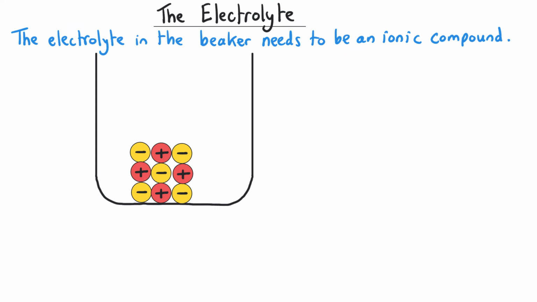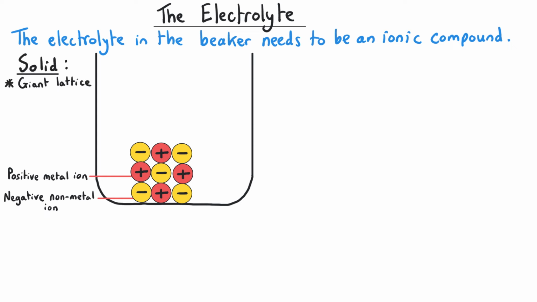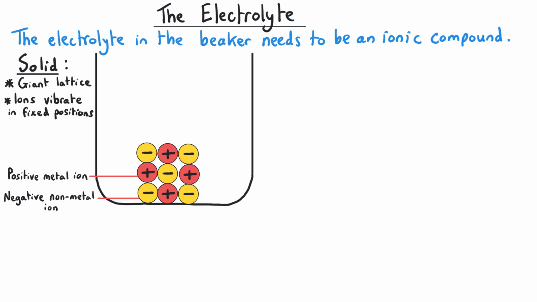The electrolyte that's in the beaker needs to be an ionic compound. These are compounds made from positively and negatively charged ions. As a solid, the ions are in a fixed position in a giant 3-dimensional lattice, and these ions can only vibrate about a fixed position, and so they can't move, and so they can't conduct electricity.